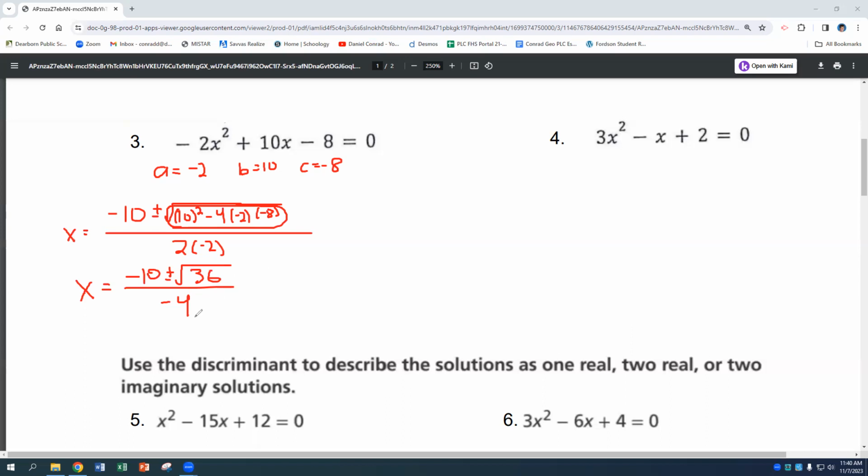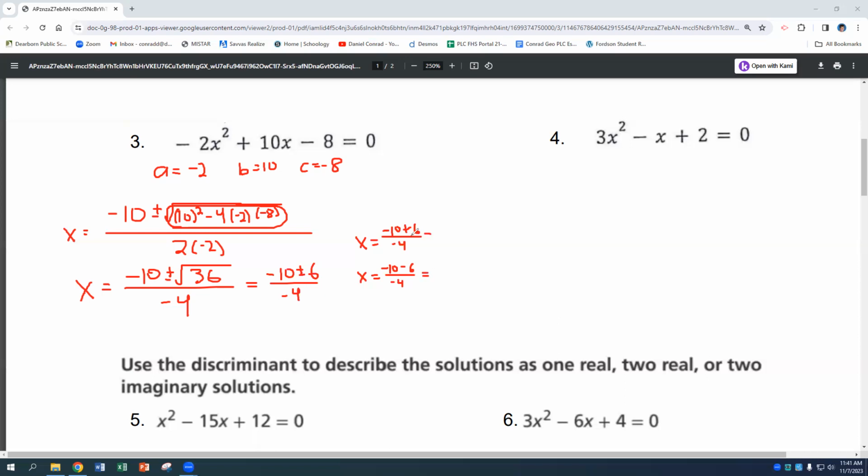And then the square root of 36 is going to be 6. So this is going to equal -10 plus or minus 6 all over -4. So we're going to have x equals -10 plus 6 over -4, and x equals -10 minus 6 all over -4.